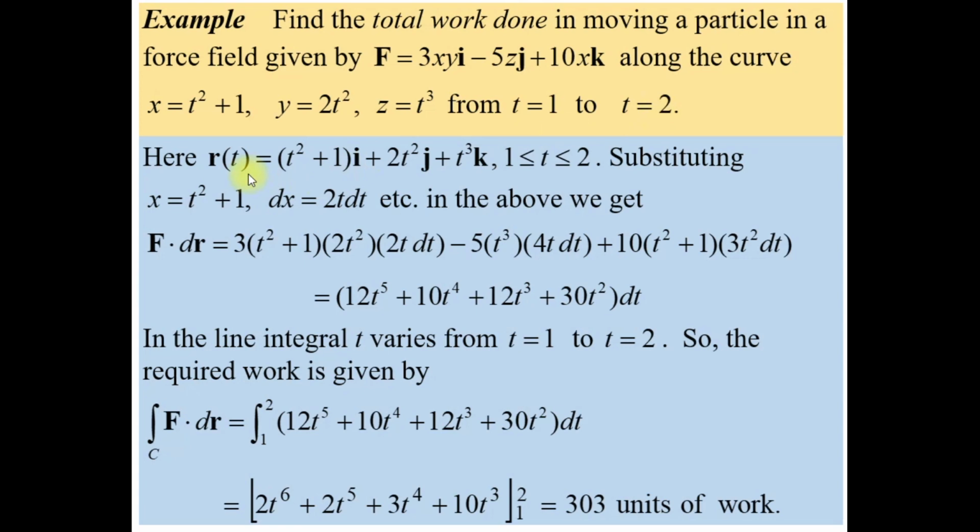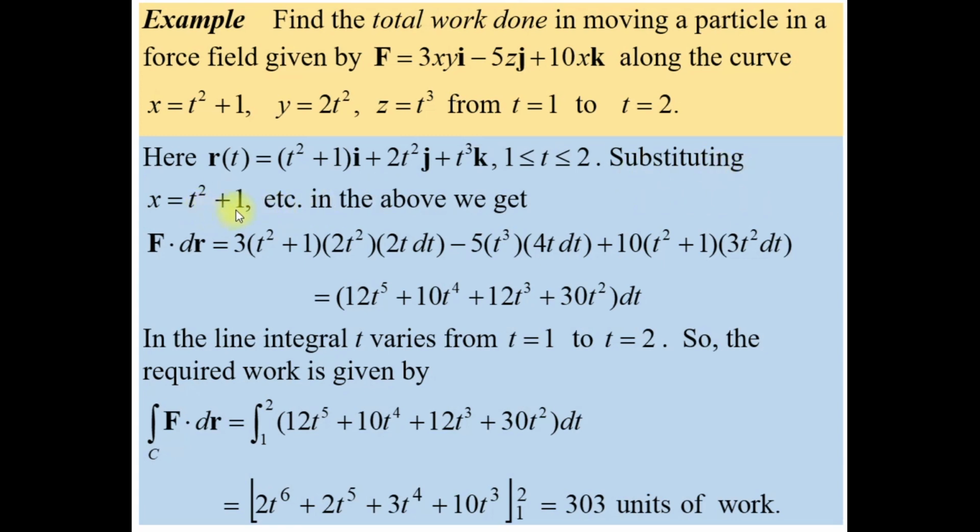Here the curve has the vector valued representation, or the curve is the graph of the vector function r(t) = (t² + 1)i + 2t² j + t³ k, where t varies over 1 to 2.